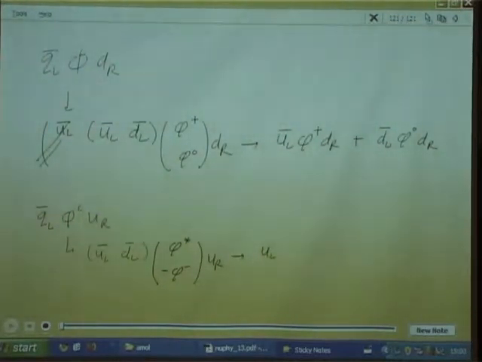This will be phi 0 star UL bar minus DL bar phi minus.